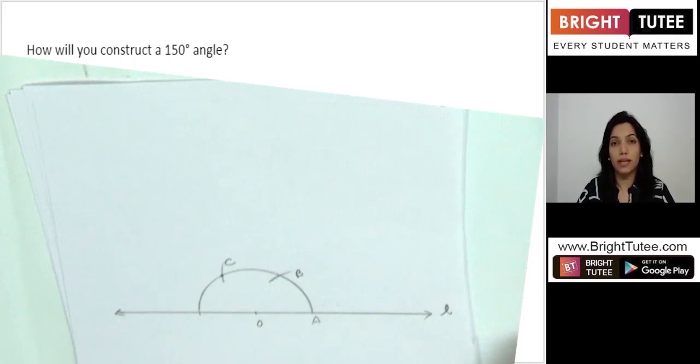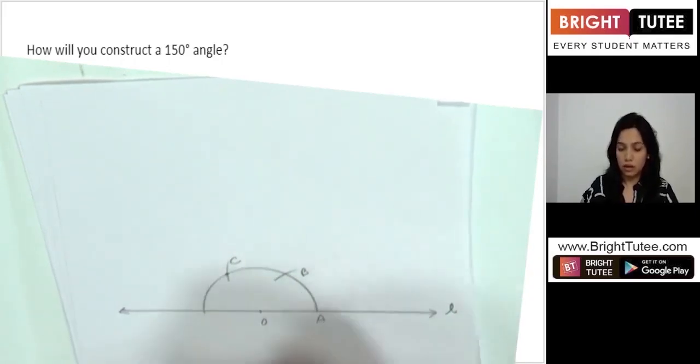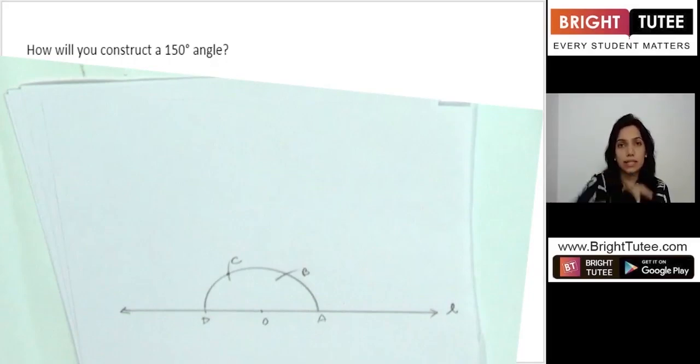Now if you mark another arc keeping the point at C, you will observe an arc over here. If you join this particular arc, let's say it's point D, to the point O, you will get a 180 degrees angle. Why? Because we are making the angles of 60, 60 and 60 every time. So 60 added to 60 is 120 and 120 added to 60 is 180, right?